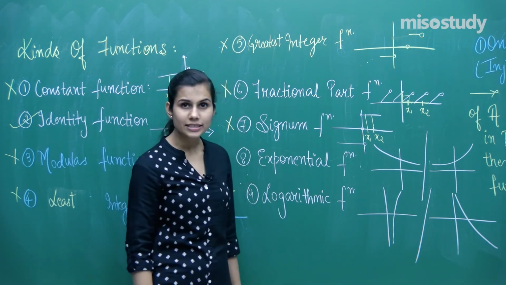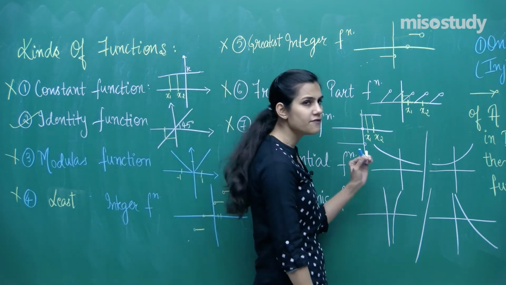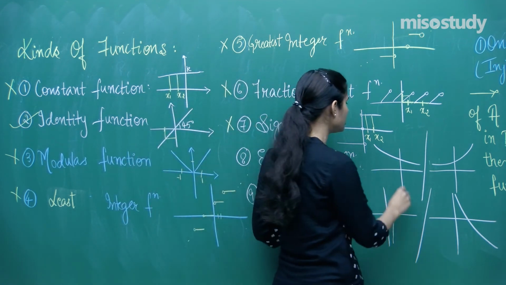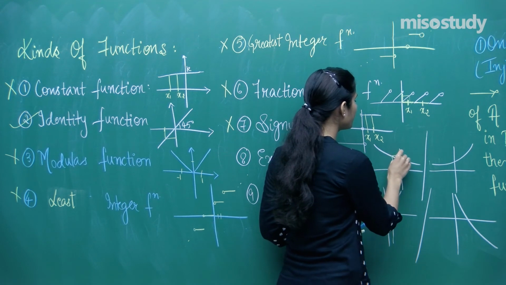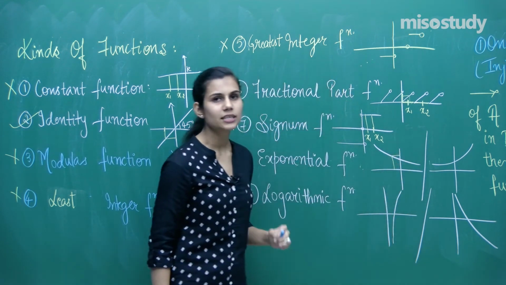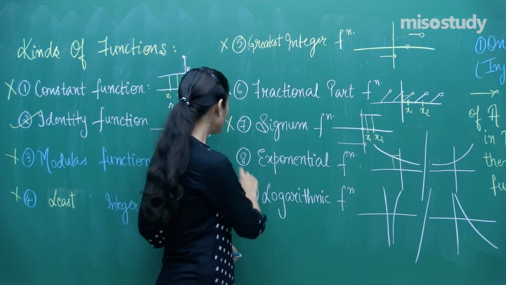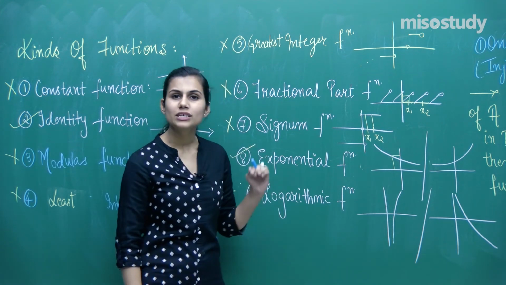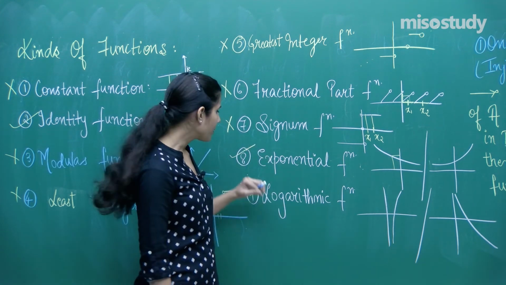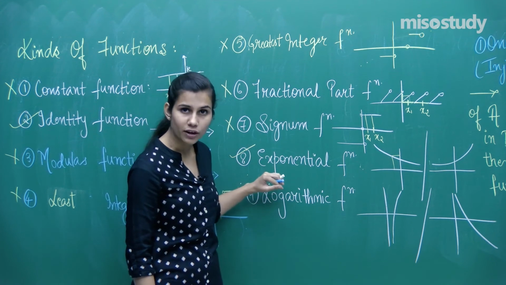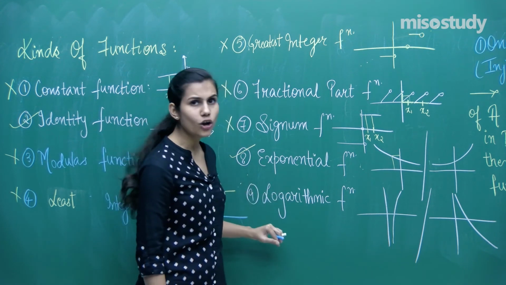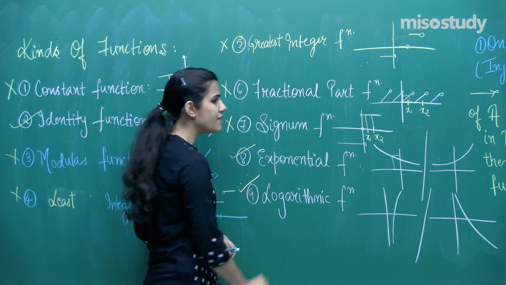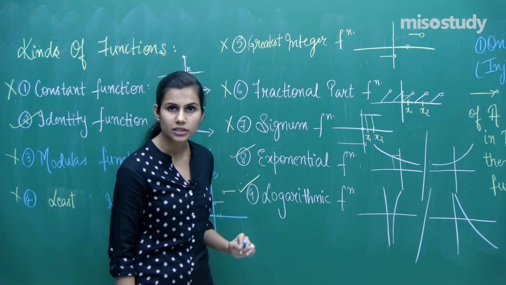The next function is the exponential function, which is very clearly a 1-1 function. Pick up any number on the domain, you have a distinct image in the codomain. No two members in the domain give you the same image in the codomain, because of which exponential function is a 1-1 function. Similarly, logarithmic function is also very much a 1-1 function.